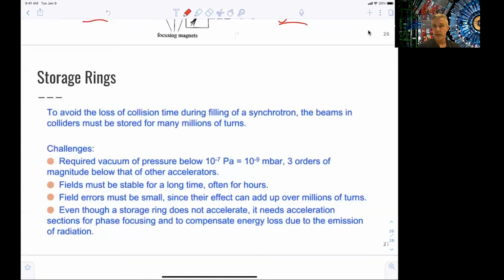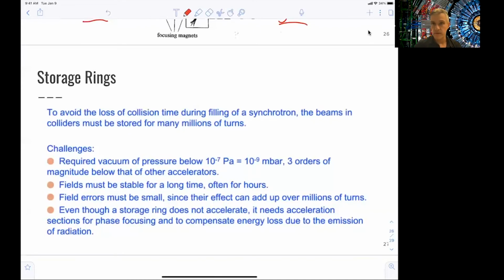The challenges are, if you have particles travel around for hours, that they shouldn't interact with some gas, for example, in your accelerator structure. You require a very, very good vacuum in order to not lose the beam as you have it stored. The fields of your accelerator structures need to be very stable, for many, many hours.